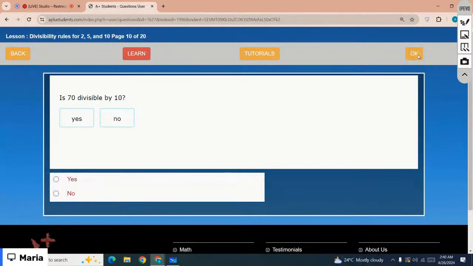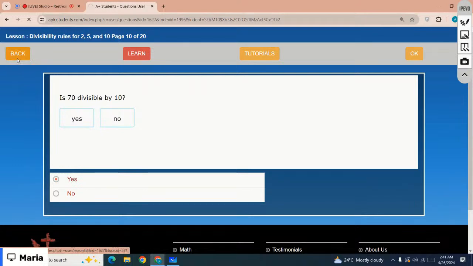Is 70 divisible by 10? Yes, it is. Okay, you can complete the lesson by yourself later today.